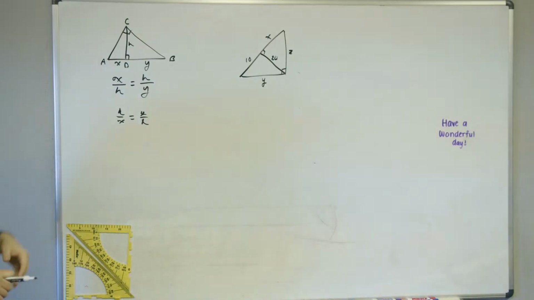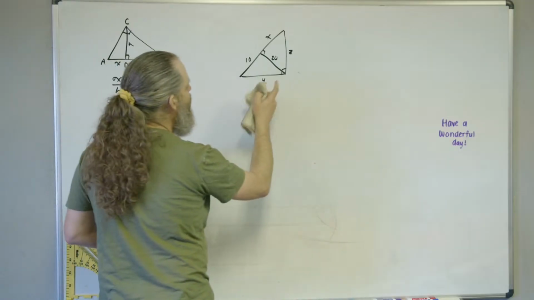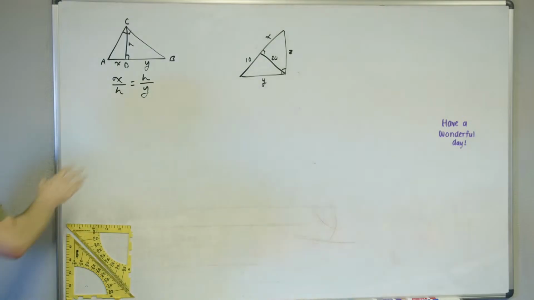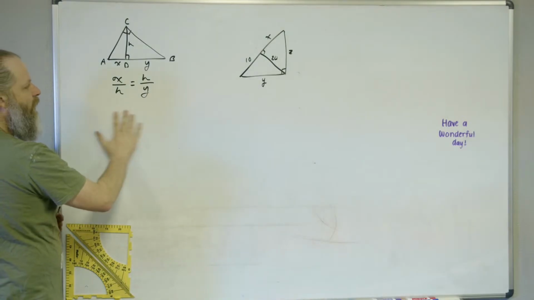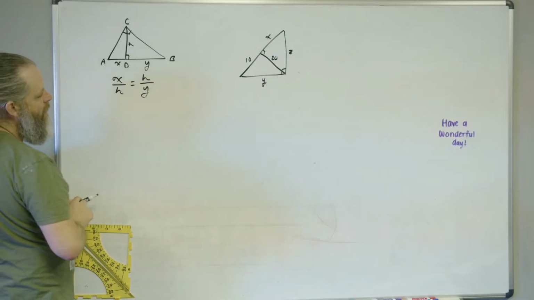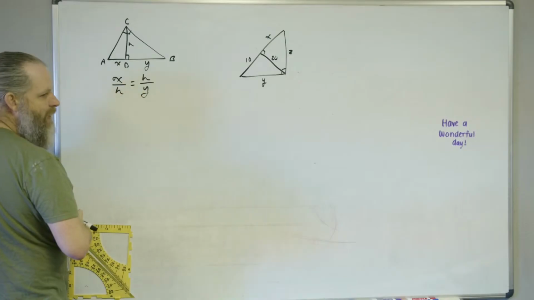Now, this is also useful. You can set it up like we're doing this problem, and I haven't even looked to see whether we're using this one or the other one or both, probably both. If we take and we solve this somewhat, we can get something simpler, or sort of simpler, right? Because if we do a cross multiply, we get h times h. What is h times h?